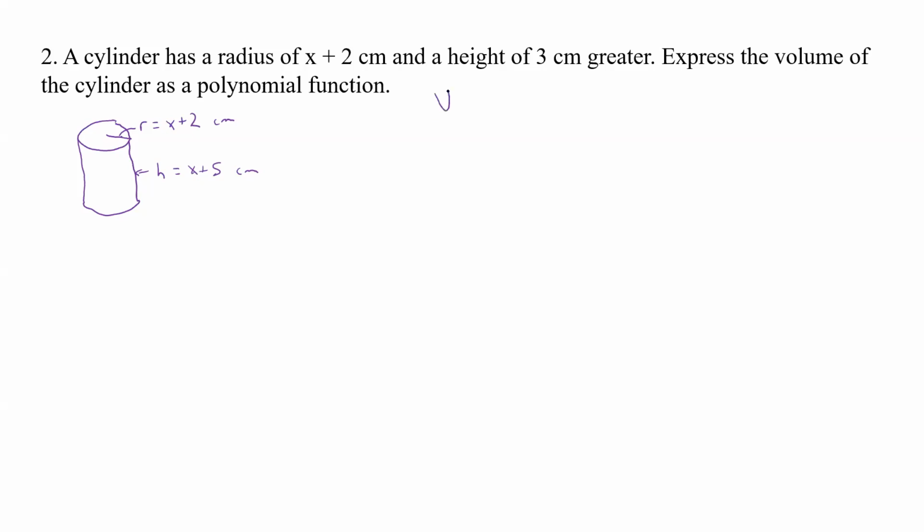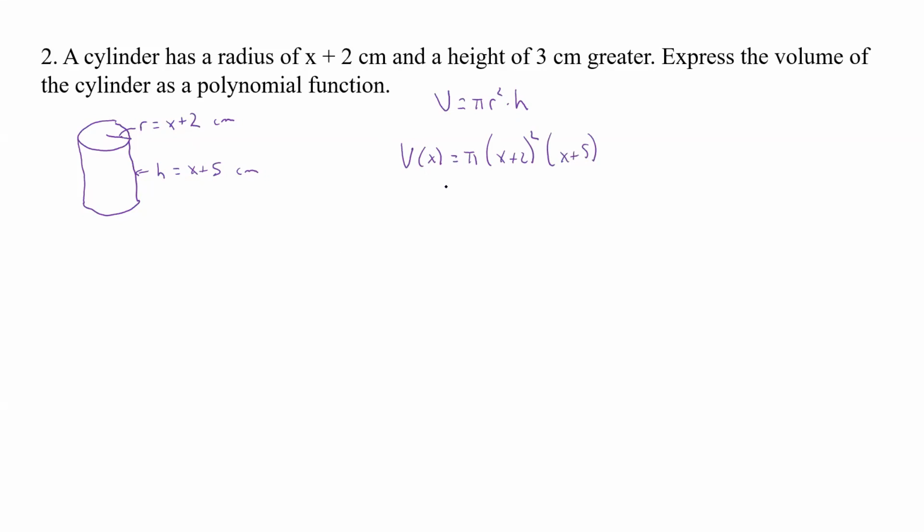Well, remember, volume is just going to be the area of the circle, that's pi r squared, times the height, which is h. And so now we just plug in the values we know, and we say it's in terms of x. So V of x equals pi times r, which was x plus 2, squared, times h, which is x plus 5. And now all we have to do is multiply that out.